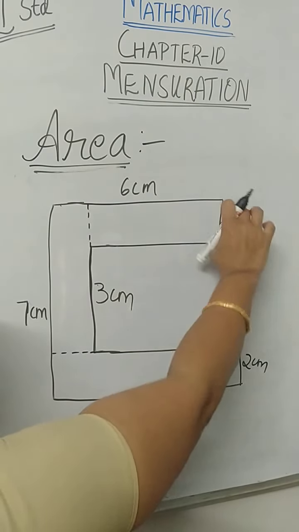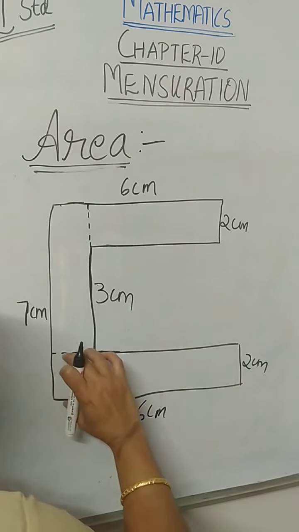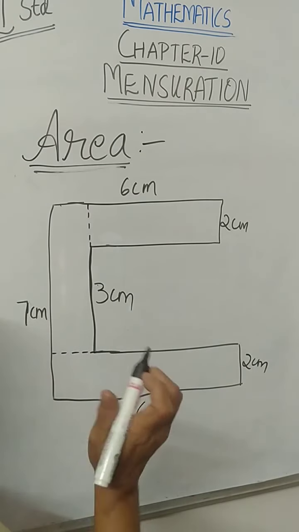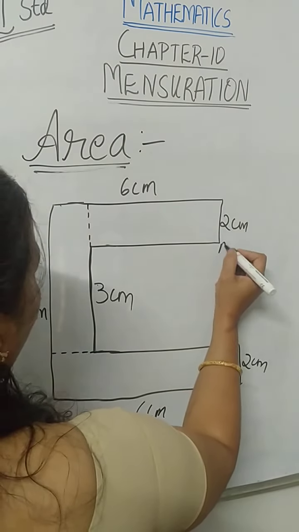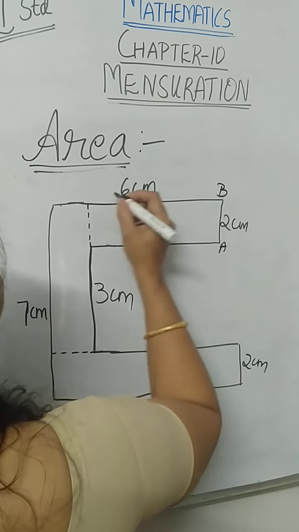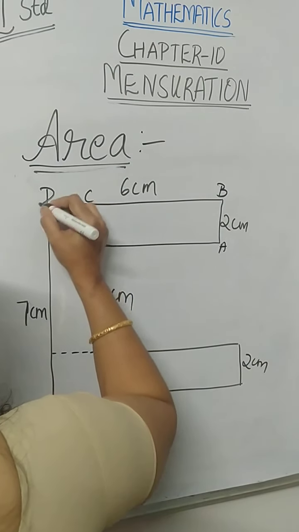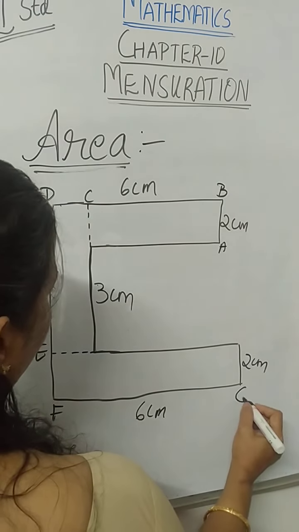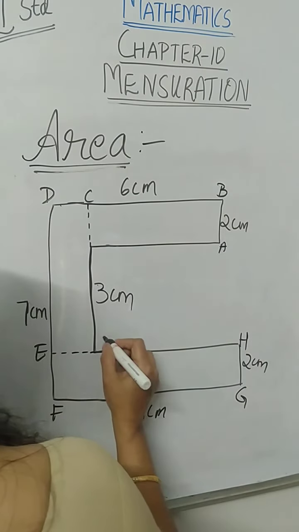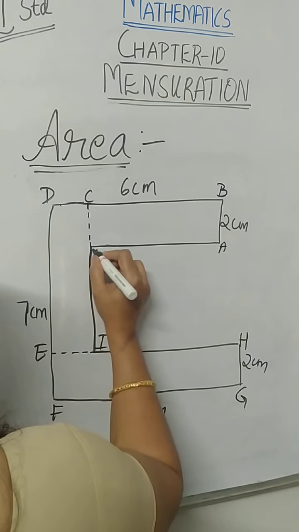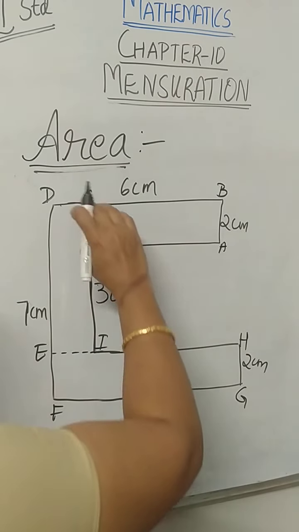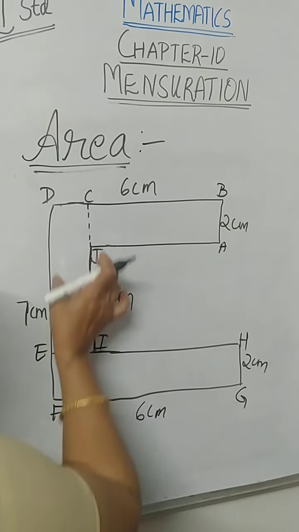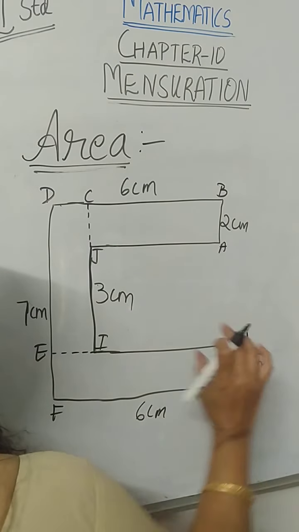Now here is a rectangle, here is a rectangle and here is a rectangle. Let us name it. Let us give some alphabets: A, B, C, D, E, F, G, H, I and J. So, how many rectangles are here?